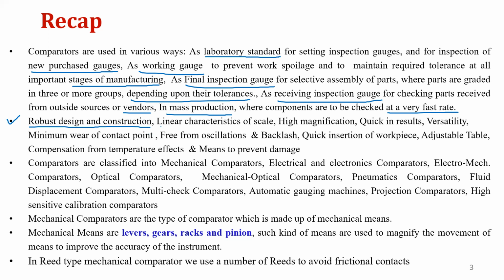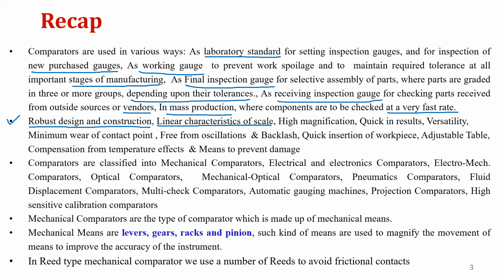The second characteristic is a linear scale: the calibrated scale should be linear and uniform, and the indications should be clear.